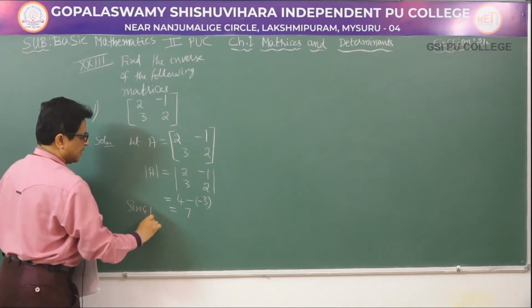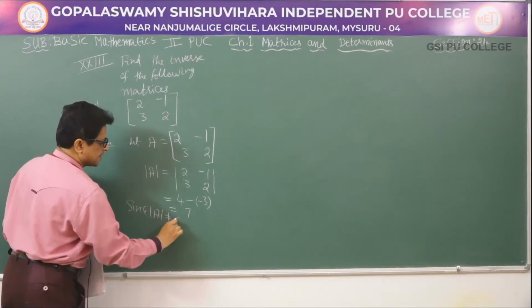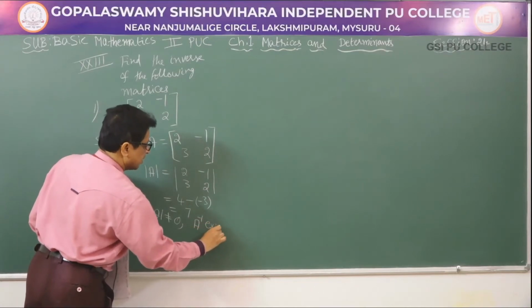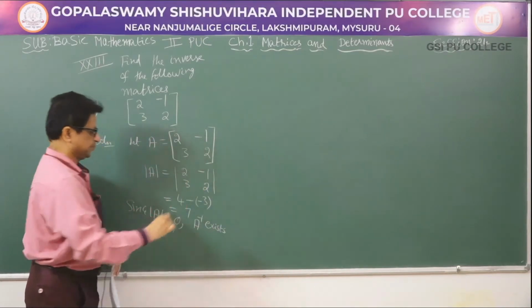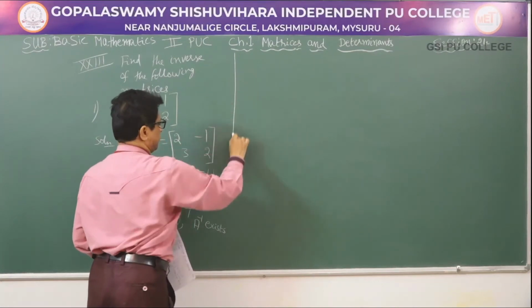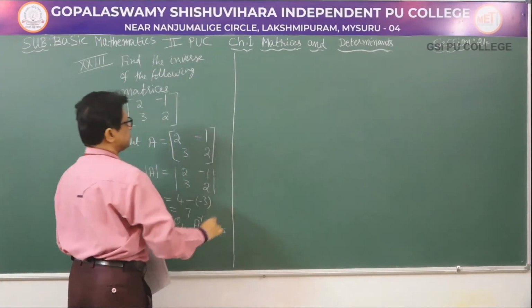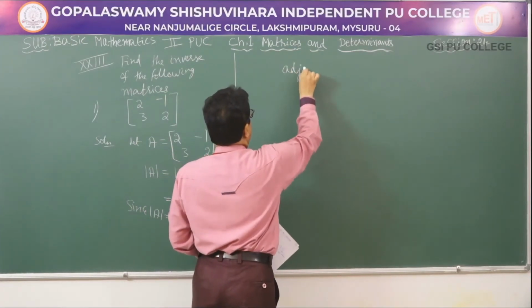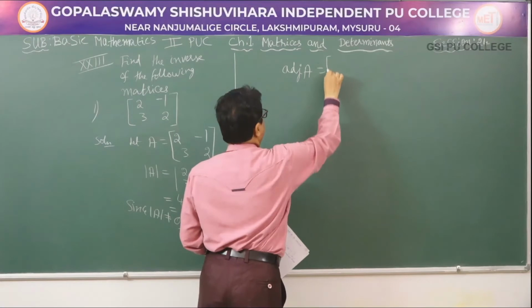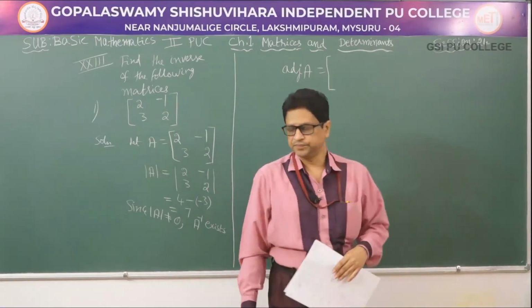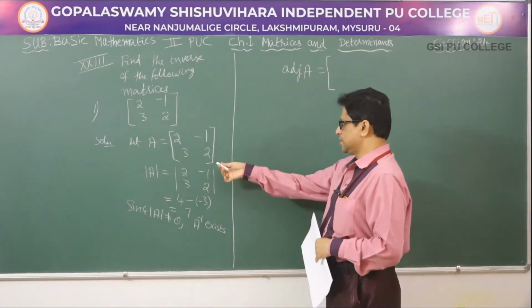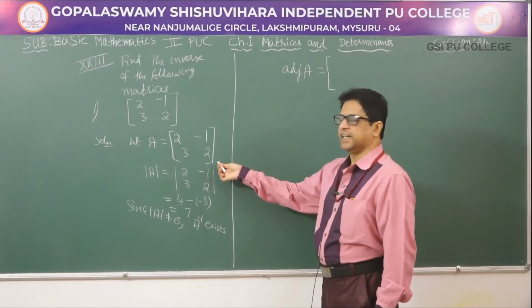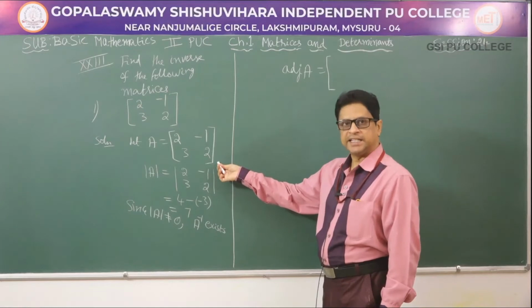Since determinant of A is not equal to 0, A inverse exists. Let us find adjoint of the given matrix. Since it is a 2 into 2 matrix, we can find adjoint of the matrix by inspection.